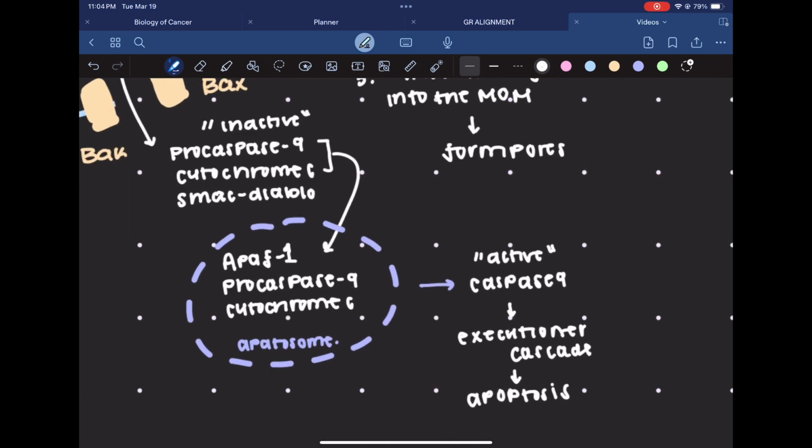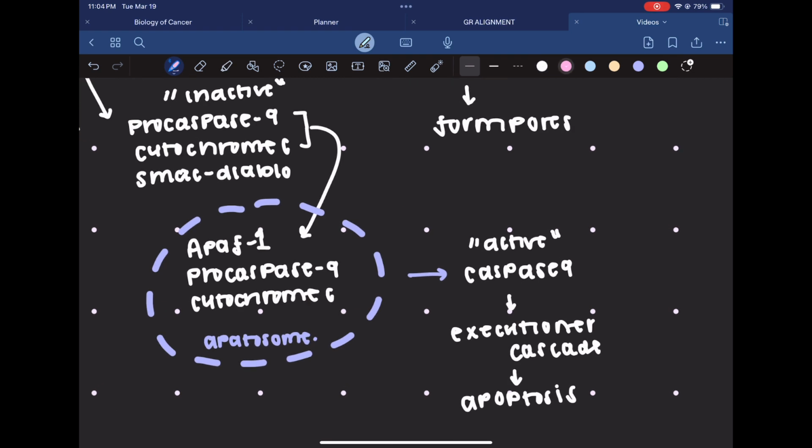Now just really briefly, to zoom back in and look at some extra proteins here, we have two that are important. We have IAPs, which are inhibitors of apoptosis proteins.